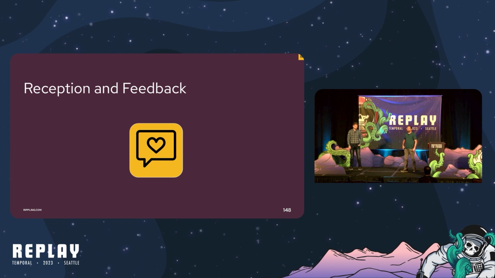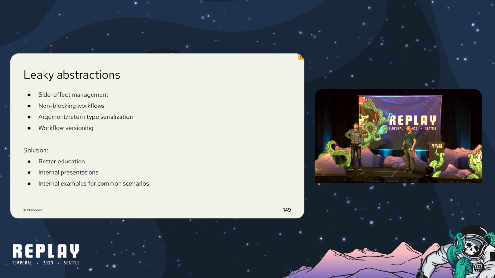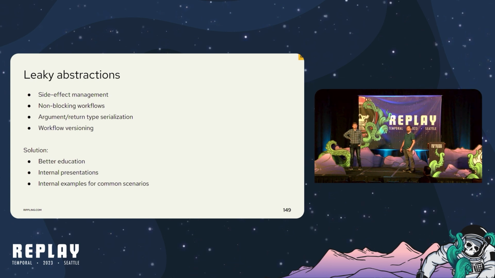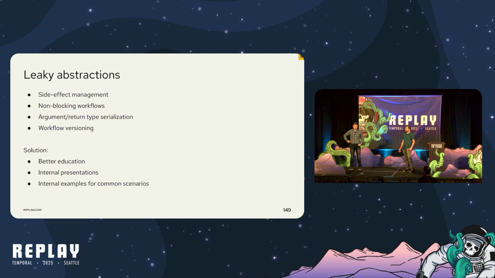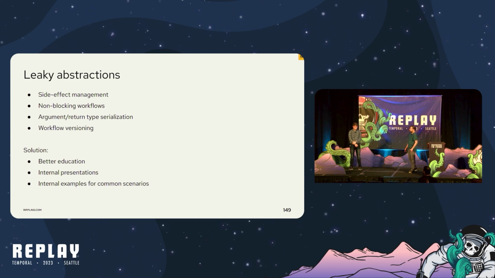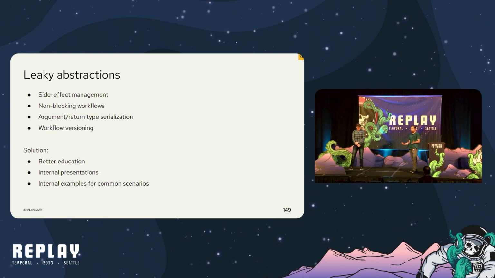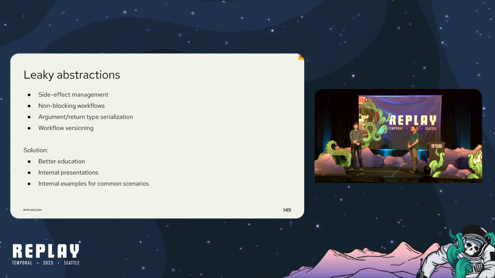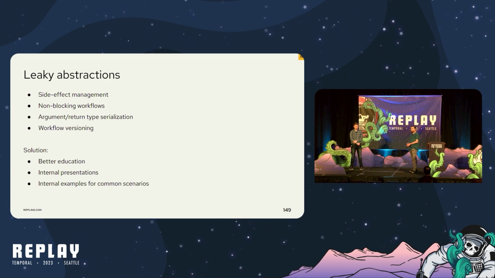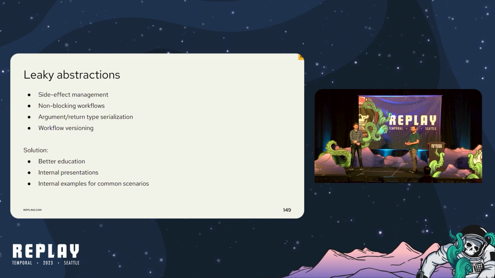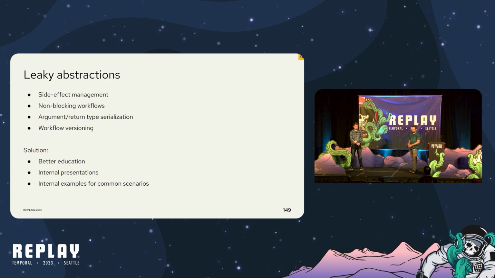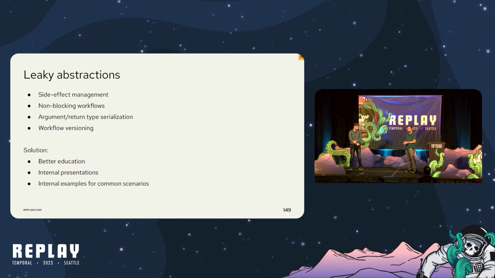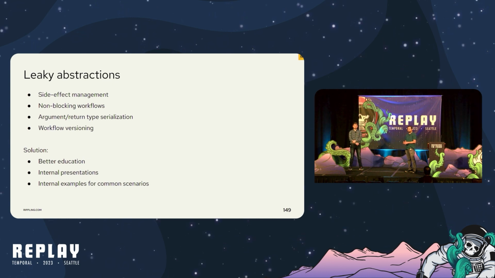One of the pieces of feedback that we've been getting from newer adopters of Temporal at Tripling is leaky abstractions. What I mean by leaky abstractions is they jump right to defining their workflow and their activities, and they expect it to work. Sometimes they forget about side effect management. Most of the time we are running in a monolith on Python.